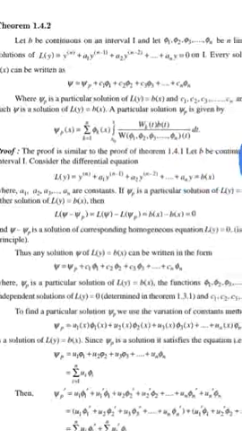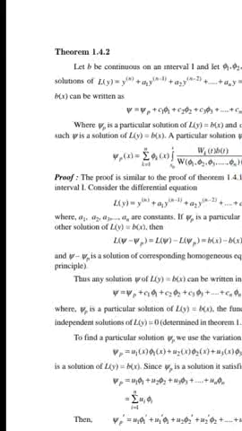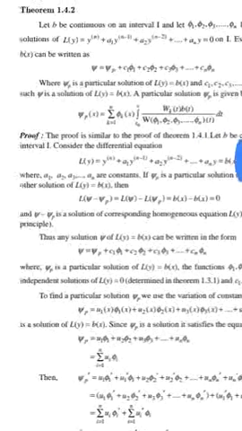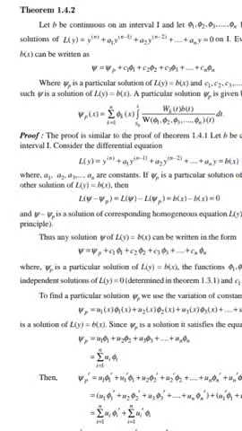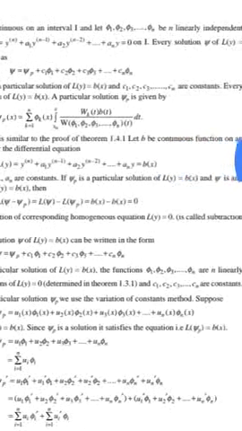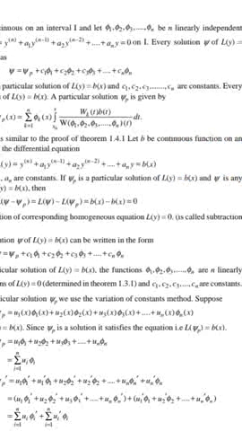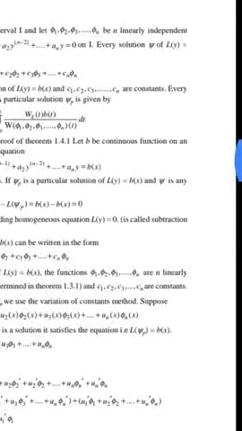Every solution psi of L(y) = b(x) can be written as psi = psi p + c1 phi 1 + c2 phi 2 + c3 phi 3 + ... + cn phi n, where psi p is a particular solution of L(y) = b(x) and c1, c2, ..., cn are constants.